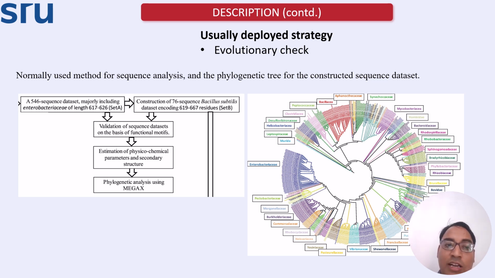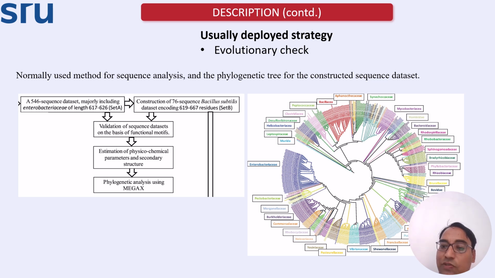I considered a 546 sequence dataset within this length, Enterobacteriaceae. I also compared it with the 76 sequence Bacillus subtilis dataset, set B. Compare this with physical, chemical, and secondary structure analysis. Then I did MEGA X phylogenetic analysis.